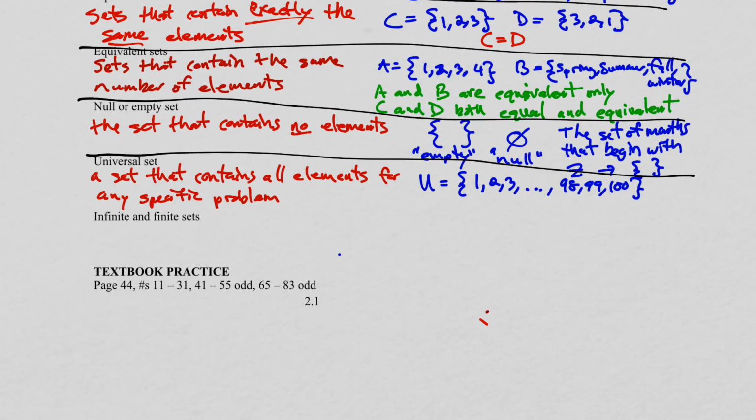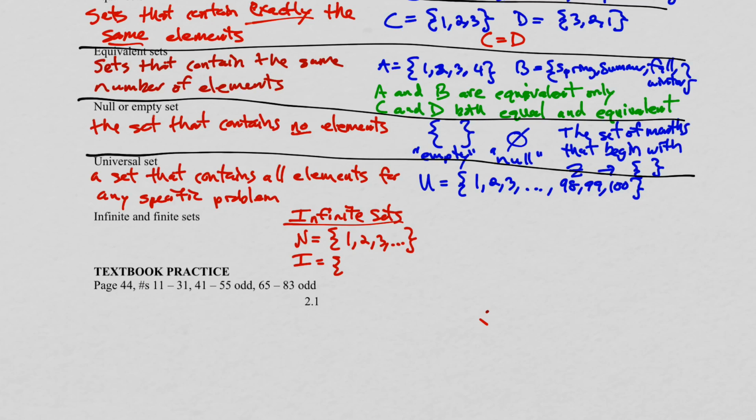So now, something we kind of mentioned already is infinite and finite sets. Infinite sets you've seen. Like we had the set of natural numbers is infinite because it keeps going forever. There's no end. Another example would be the integer set.